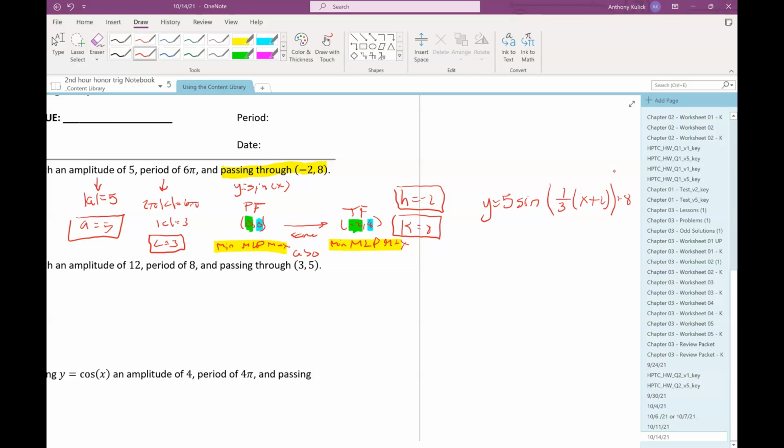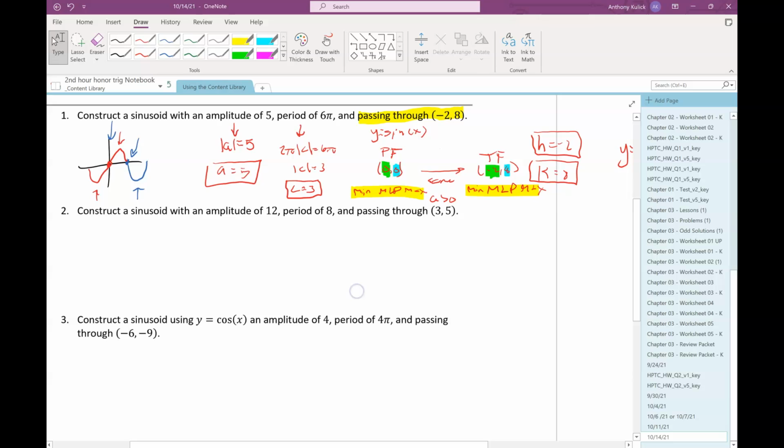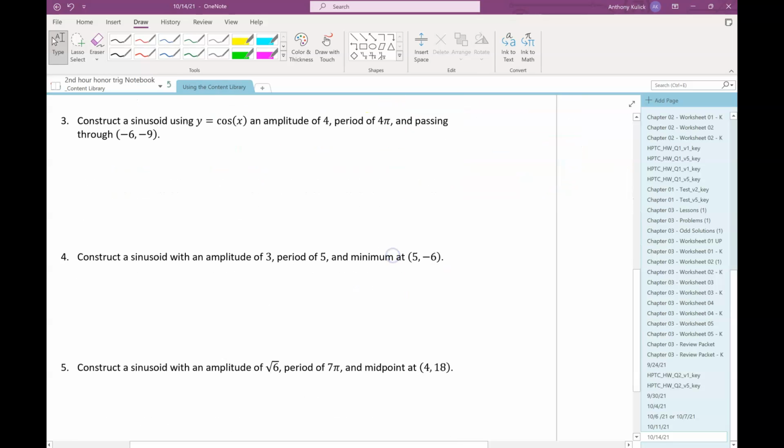So basically, you have another reason to use cosine. Right. So for all the other ones, you use sine. So I would use sine for number 2, but I would use cosine for 4 because here we're told that that point has to be a minimum.